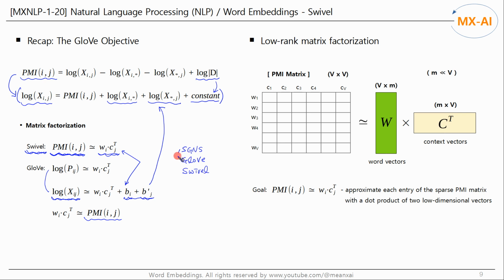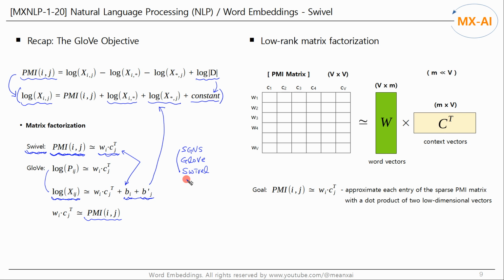Although SGNS, GloVe, and Swivel use different objective functions, they all share the same underlying goal: to learn vector representations that capture the PMI signal hidden within the co-occurrence statistics. The main differences lie in how they approximate that signal and which parts of the co-occurrence matrix they emphasize during training.